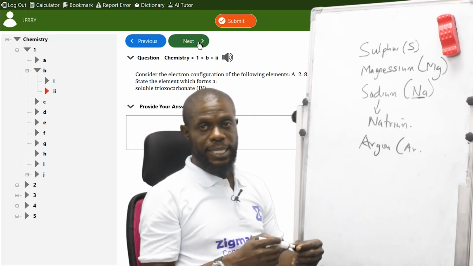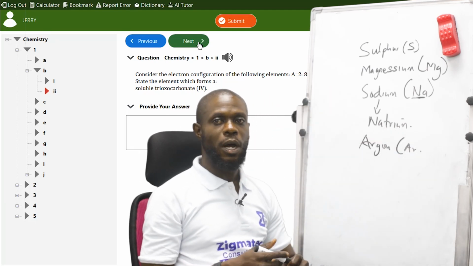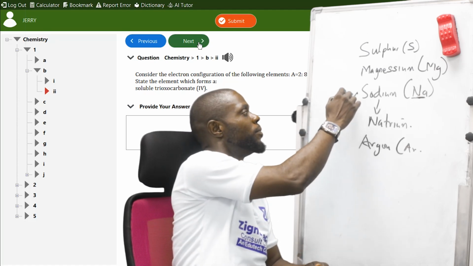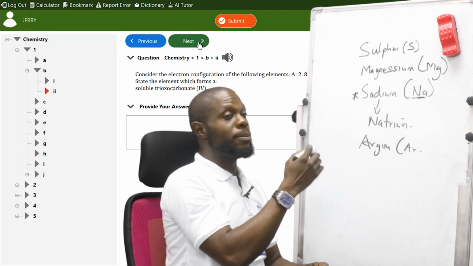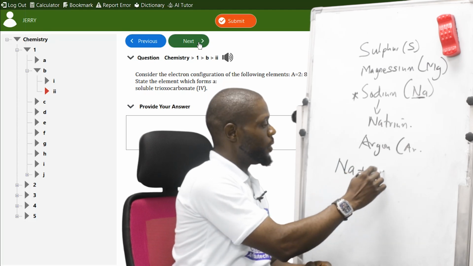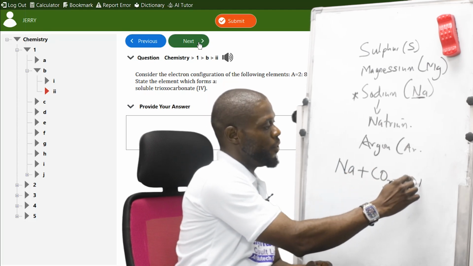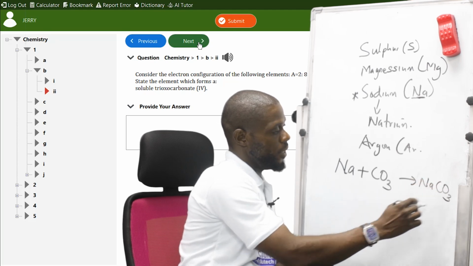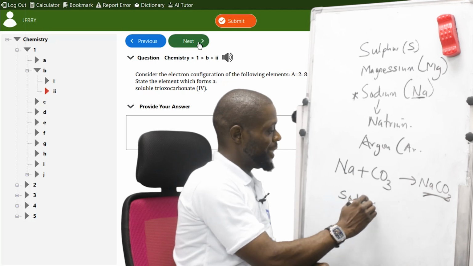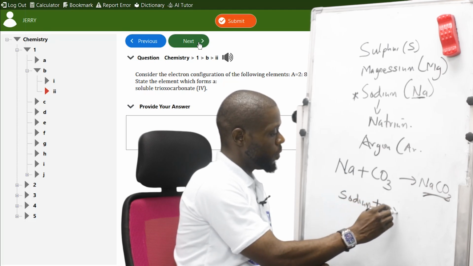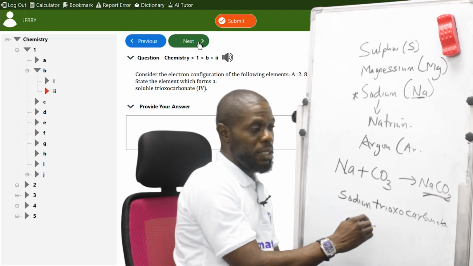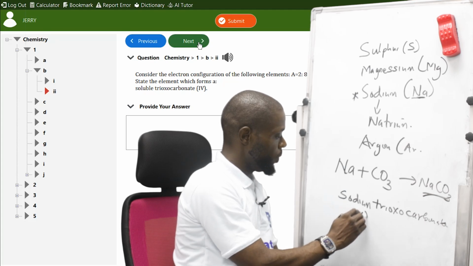Ar. They said which one here forms a soluble trioxocarbonate 4? The one that forms a soluble trioxocarbonate 4 is sodium. Okay? It gives you Na, reacting with CO3 will give you NaCO3. That means it is sodium trioxocarbonate 4.